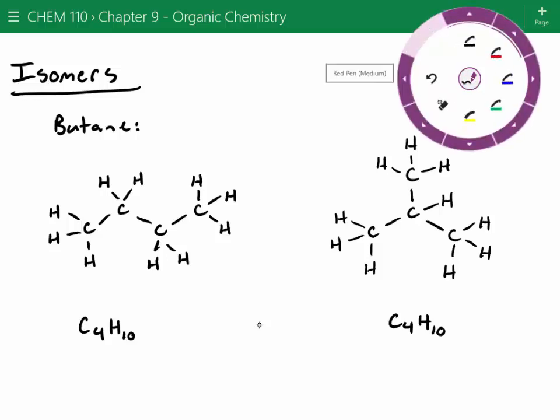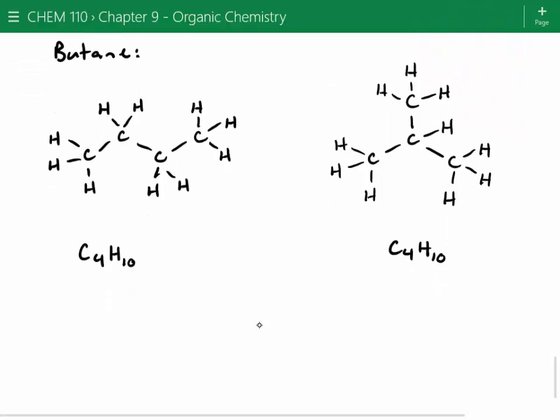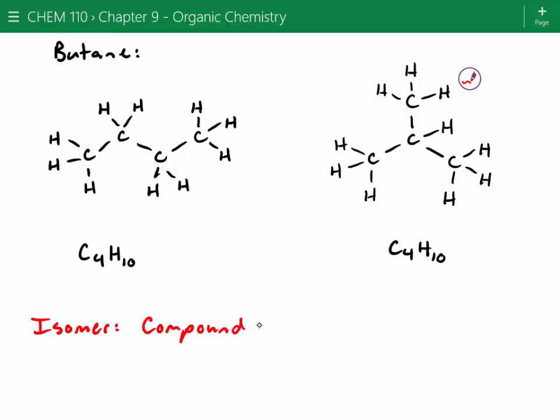So what isomers are, is isomers are the same molecule but with a different spatial arrangement, right? It's a compound. Does that change its properties? Yes, very much so. So they have, here, let me rewrite this bit.